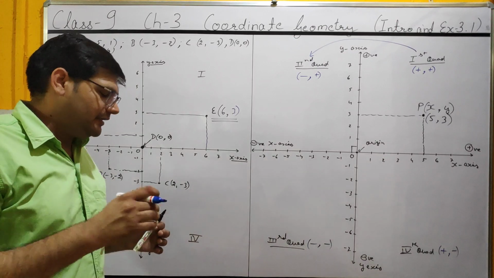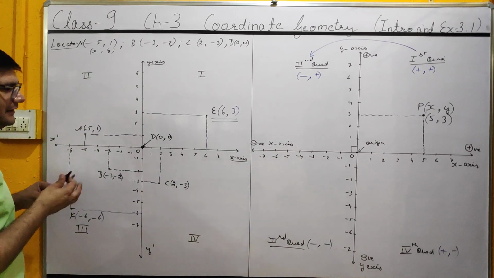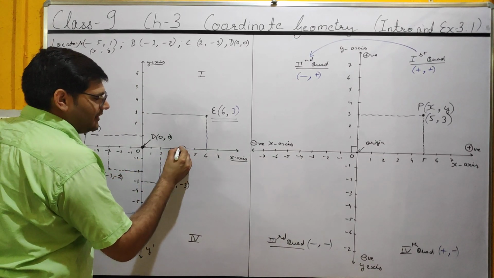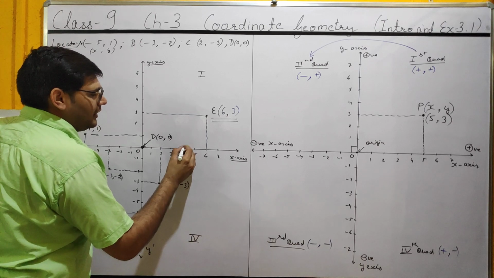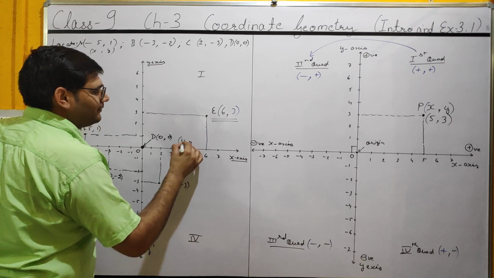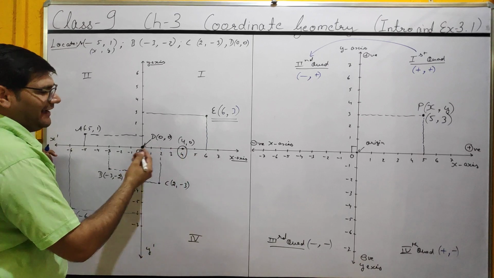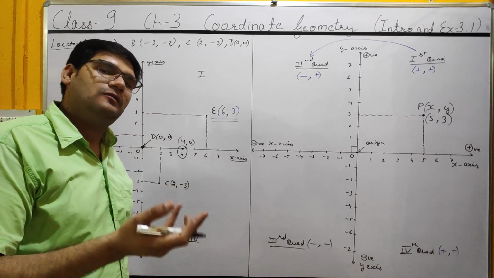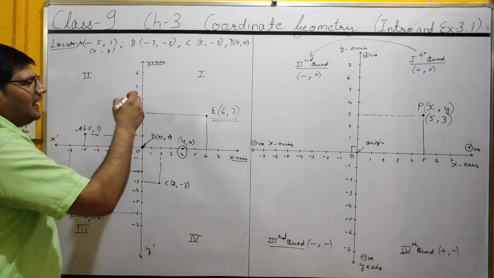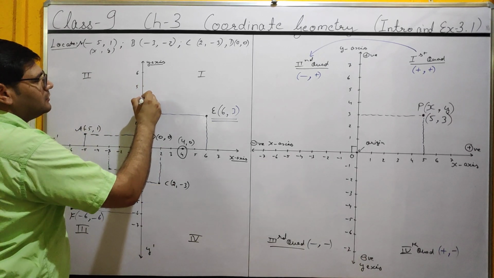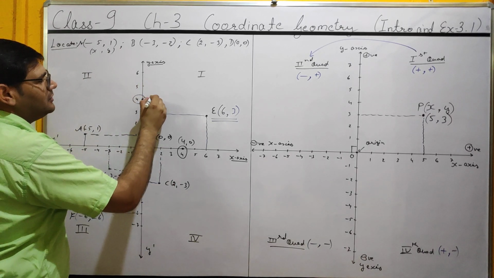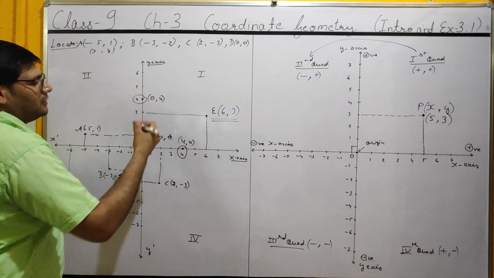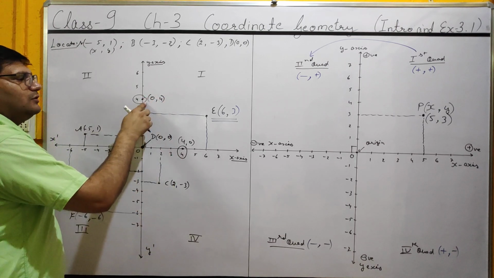Moreover, suppose there is a point, this point is given to us (4, 0). X-axis 4 and y is 0. So it will lie on x-axis only. And if I say, let's take the same example, (0, 4). This is (4, 0) and this is (0, 4).